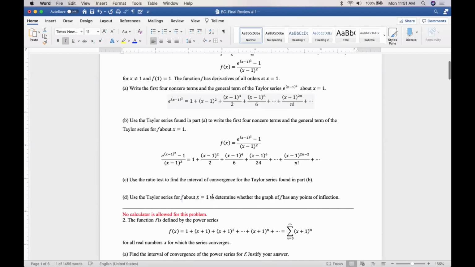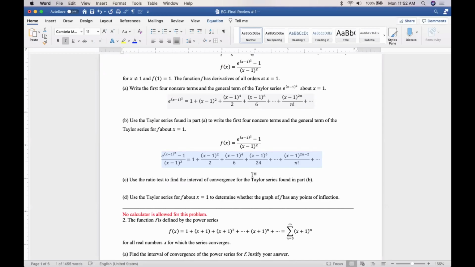About x equals 1, determine whether the graph of f has a point of inflection. How would I know? Get a second derivative and see if it equals 0.